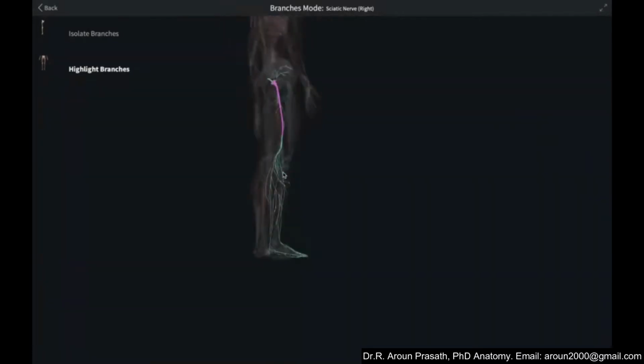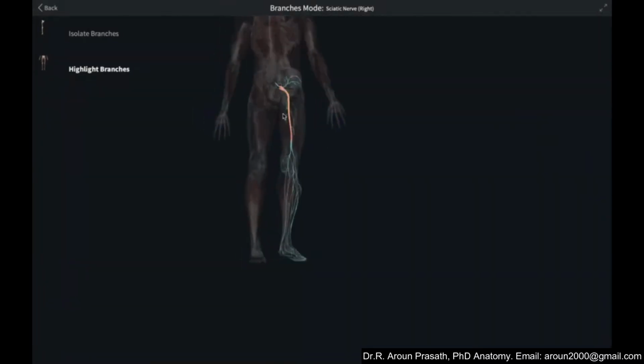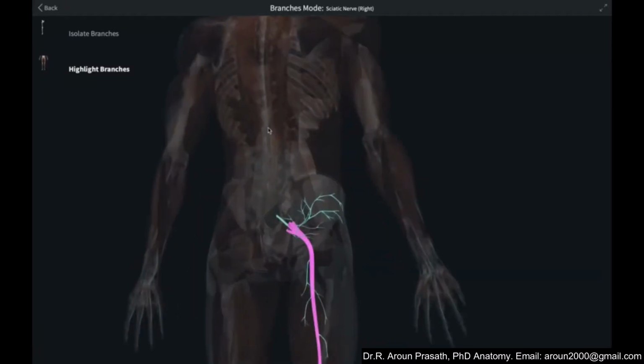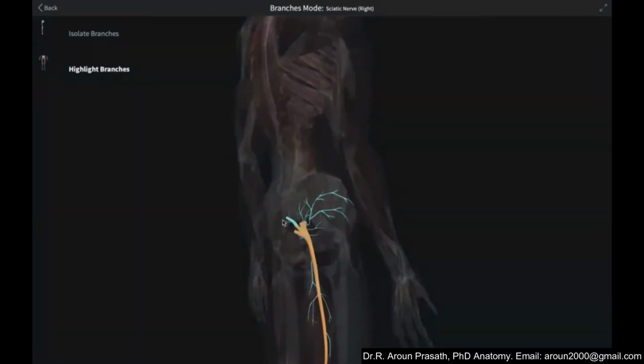So you have to understand the nature of the pain. If the pain is radiating in nature, that means there is some issue with the nerve root. There may be some compression.